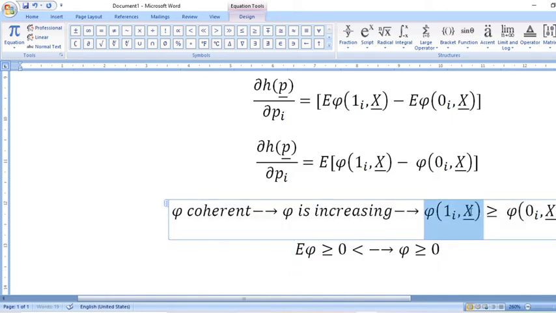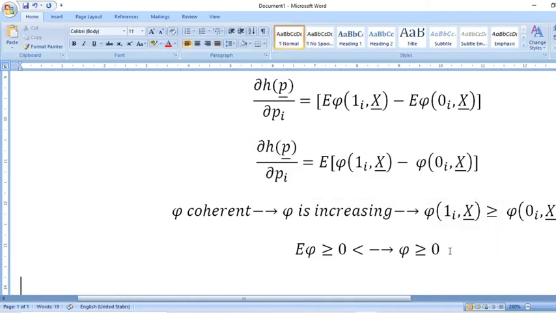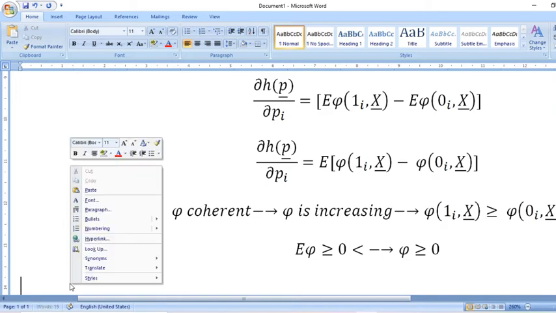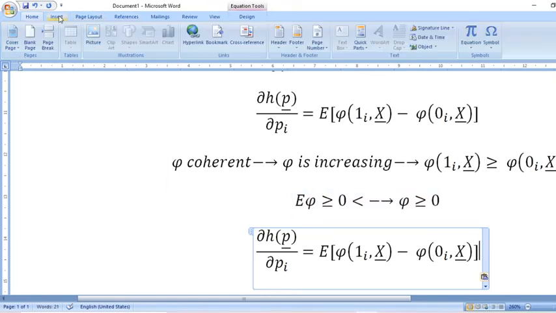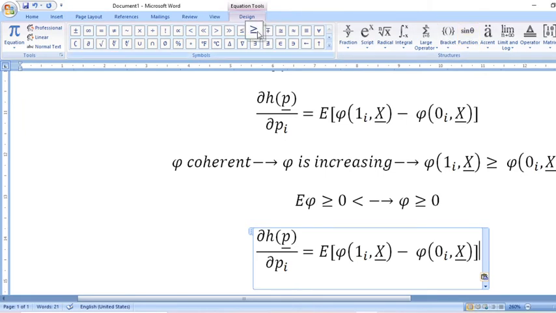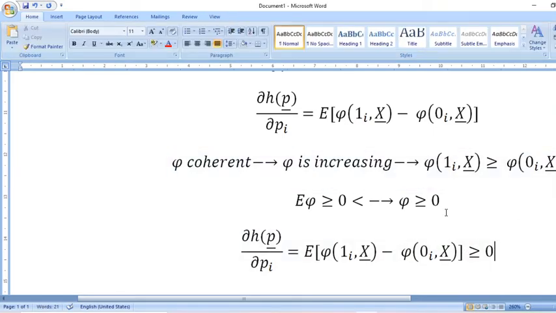So if phi of 1 I comma x is greater than or equal to phi of 0 I comma x, then surely this expectation will be greater than or equal to 0.